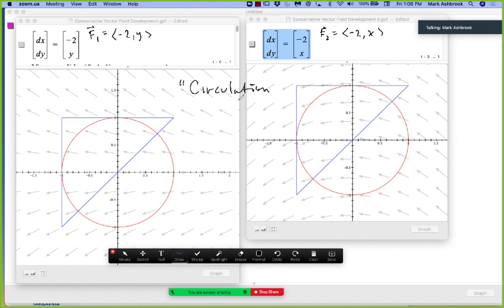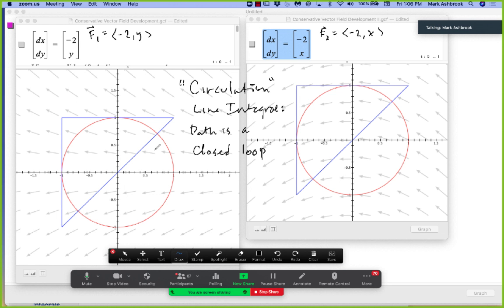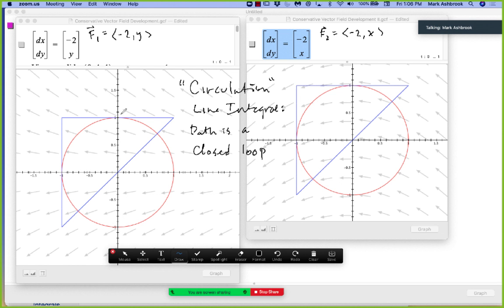Circulation means that the path is a closed circuit or closed loop. You end up where you started. Okay, so these are two separate circulation line integrals. I got a triangle circulation and a circular circulation.